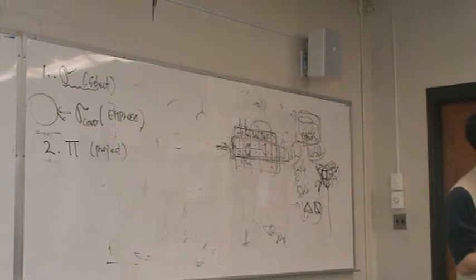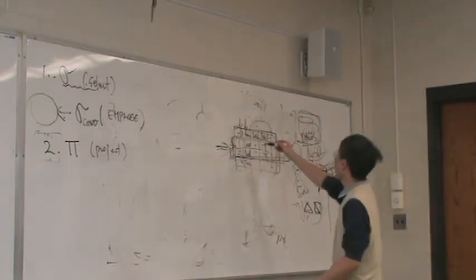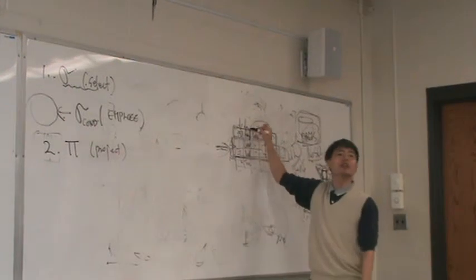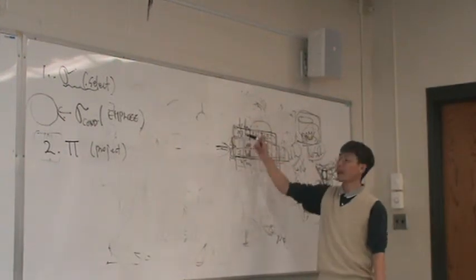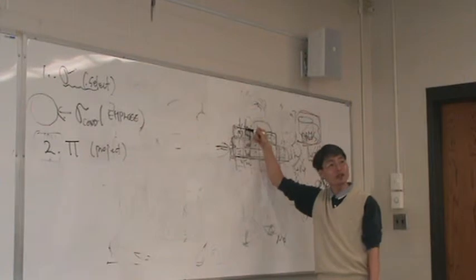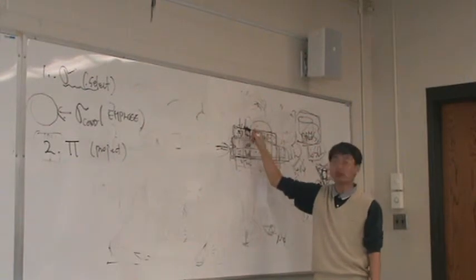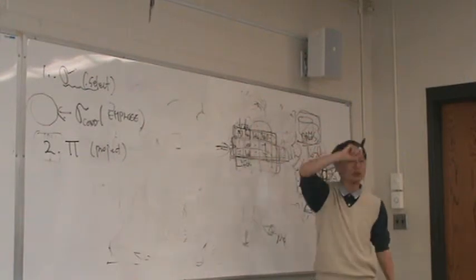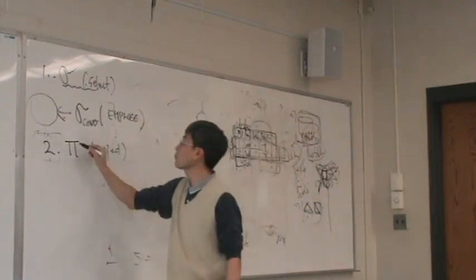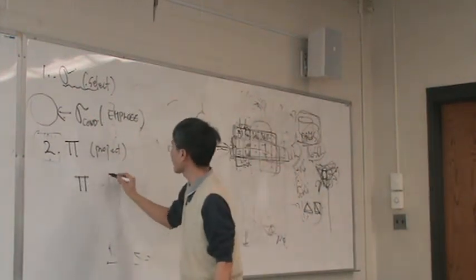What is the input of the project operation? Any relation. What is the output of the project operation? It's the specific attributes, like the ID and name, which means it's a relation, because according to the definition of relation, it's a group of attributes. So the input and output of the project operation is a relation.